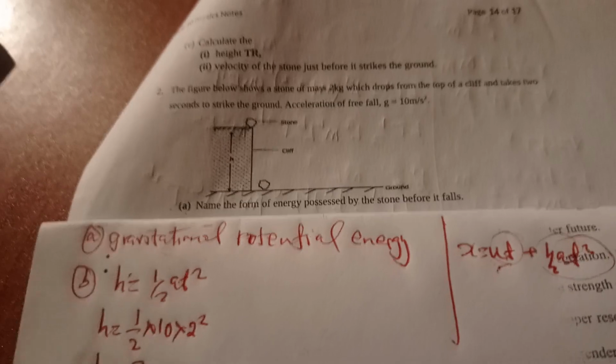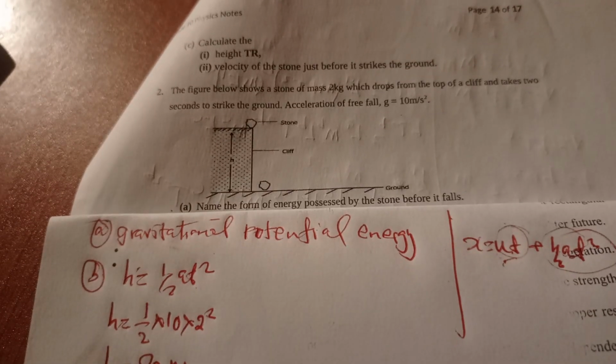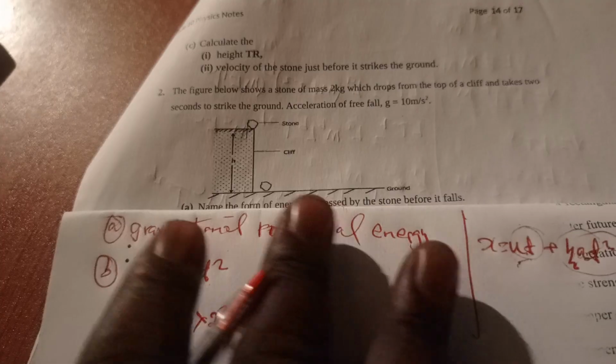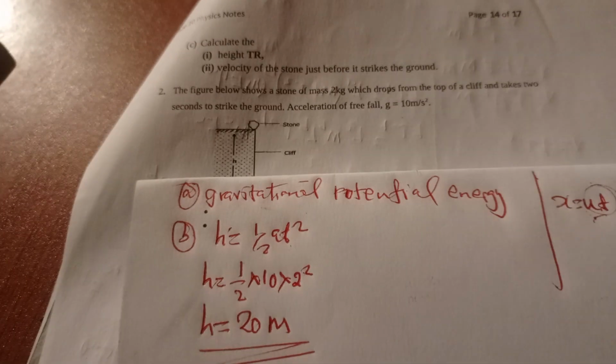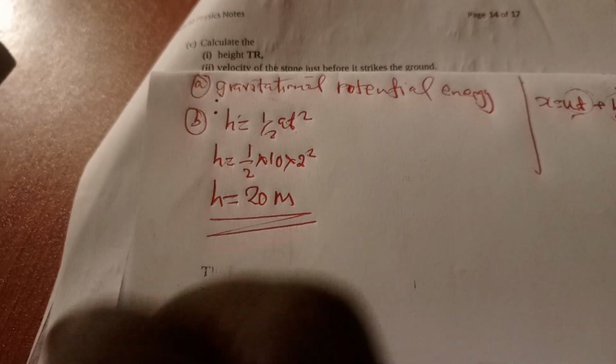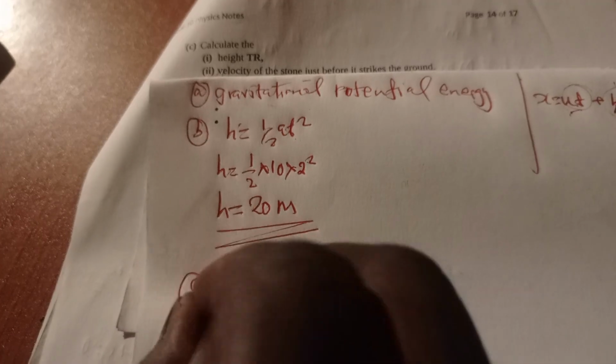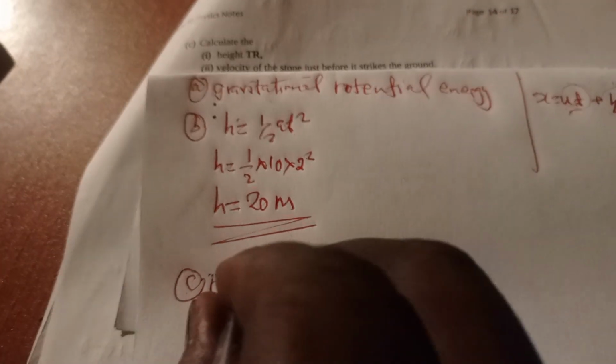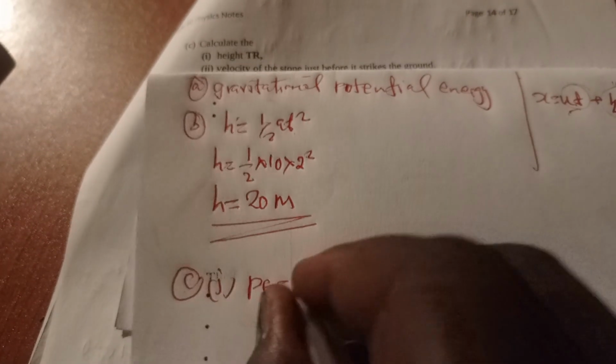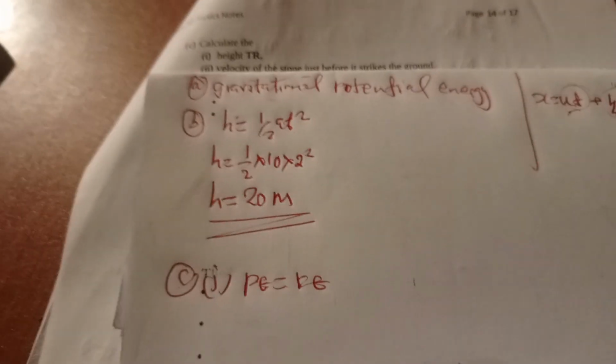We try to follow the law of conservation of energy, which says that energy cannot be destroyed nor created, but it can be transformed from one form to another. So for us to find kinetic energy, in this question C1, we need to understand that potential energy is equal to kinetic energy.